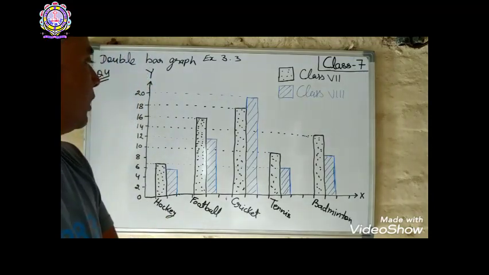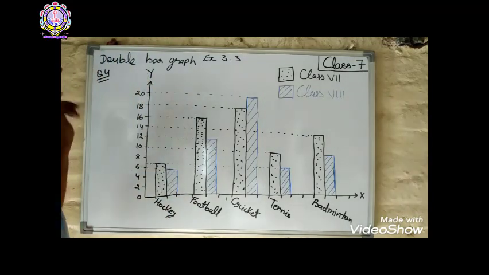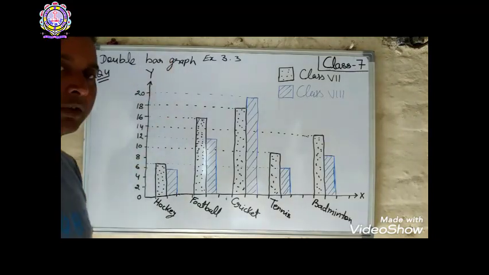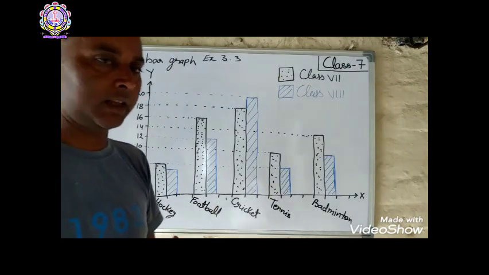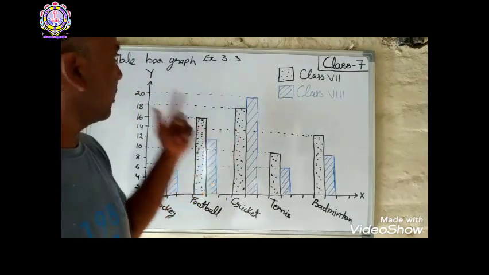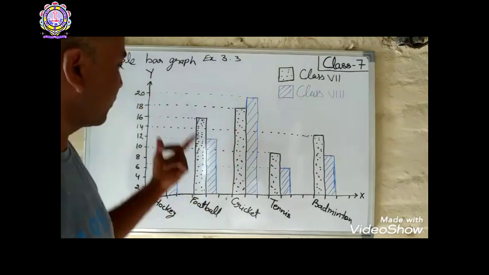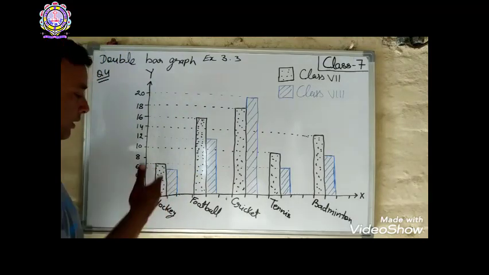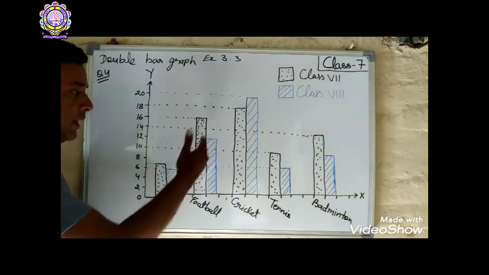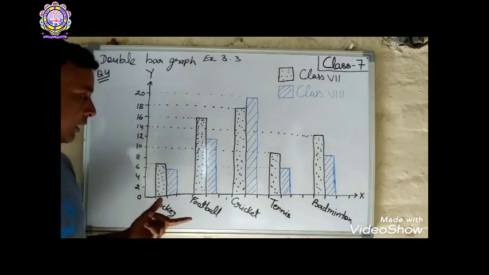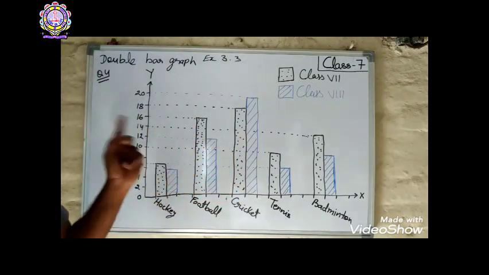And now question number 4, double bar graph. In the previous question you observed a single bar graph. Here double means twice. So you are observing double. There is one, another is one, another is one. Here you are observing different things.